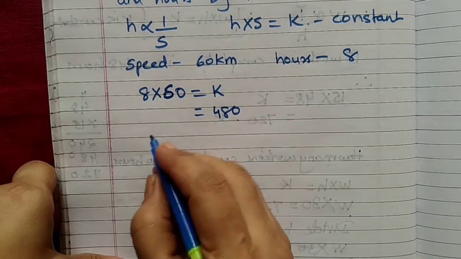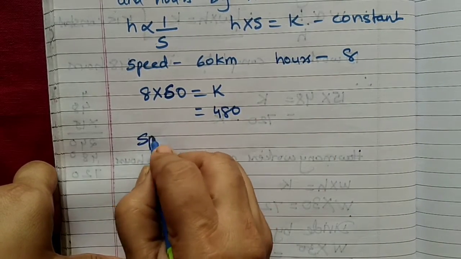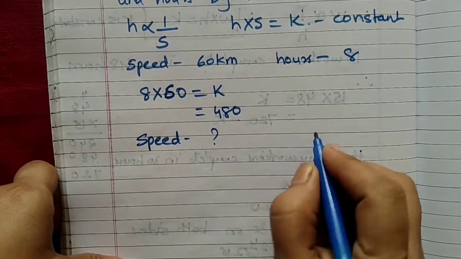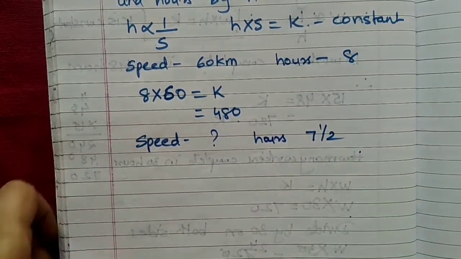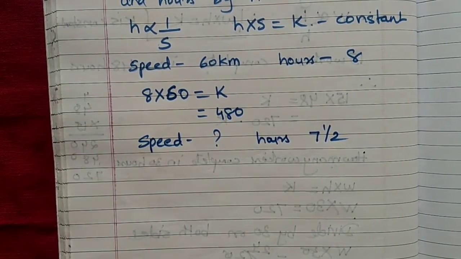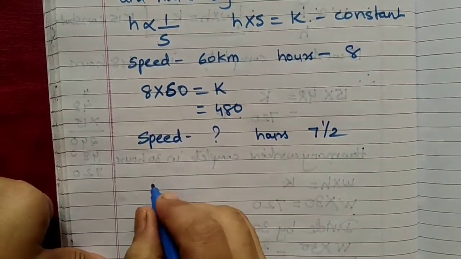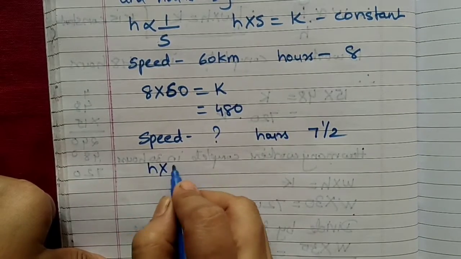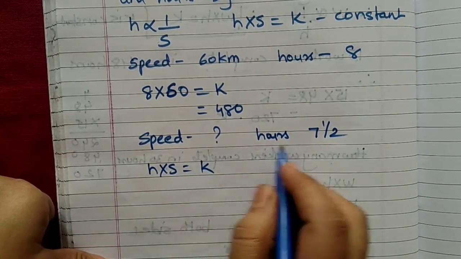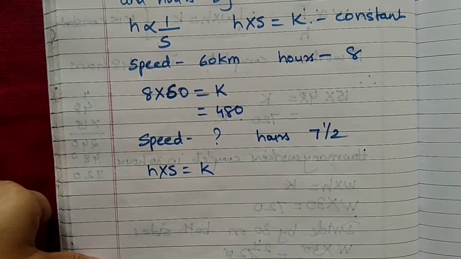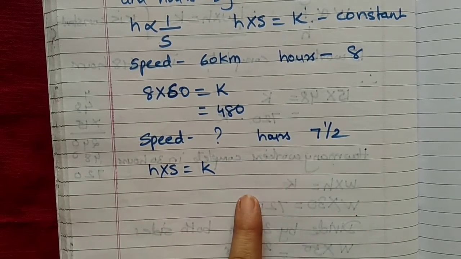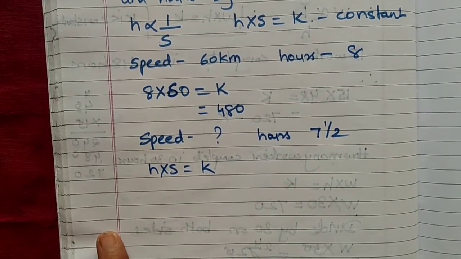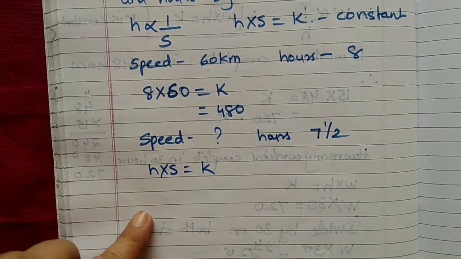Now the second part, what they have asked us: speed we want to find out. Hours is given to us, speed we don't know, and hours is 7.5. Now the same equation we will follow: H into S is equal to K. Now, how will you write 7.5? You cannot write 7.5 like this directly.